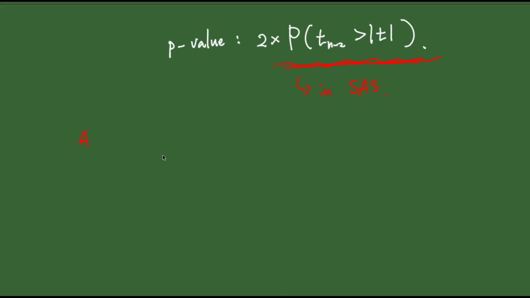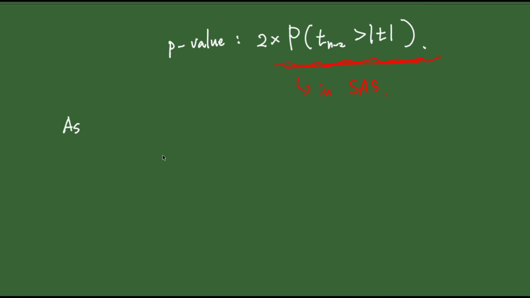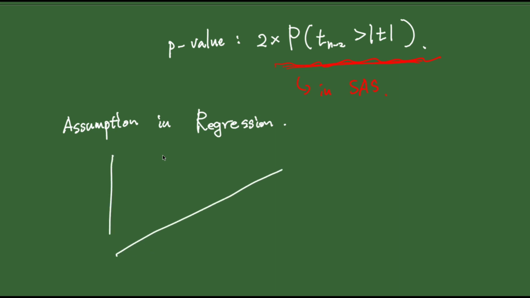We are assuming that no matter what x values we pick, the vertical variation should be the same.